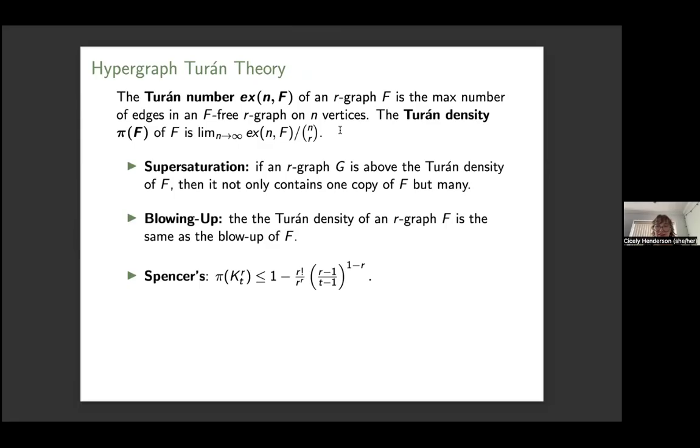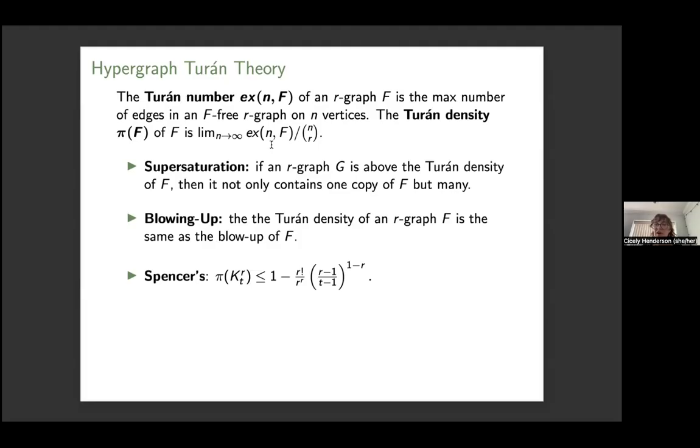Now we're going down a trek into hypergraph Turán theory. The Turán number, which we denote ex(n, F), of an R graph F is the maximum number of edges in an F-free R graph on n vertices. And then the Turán density of F, denoted pi of F, is the limit of these Turán numbers.